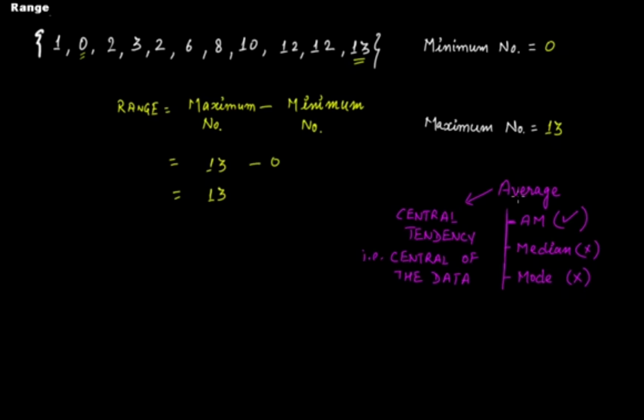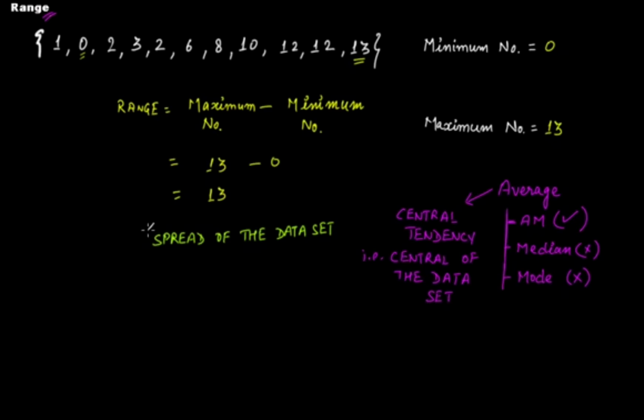Okay, average tells us about the center of the data, whereas range tells us the spread of the data set.